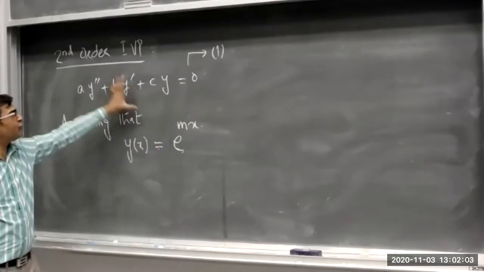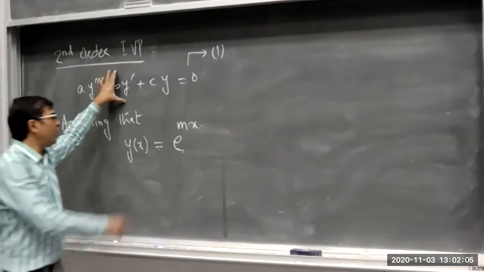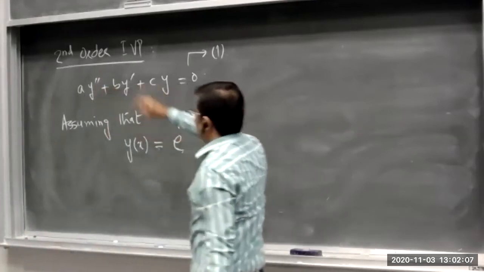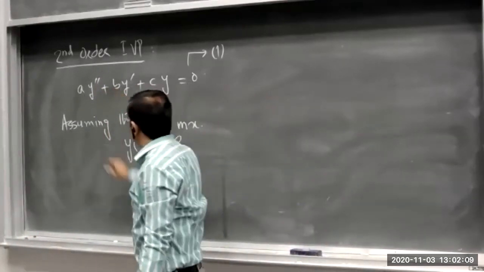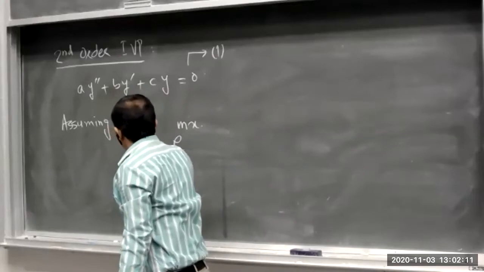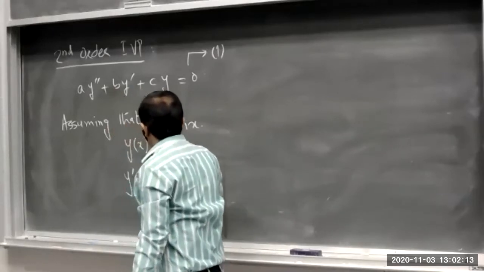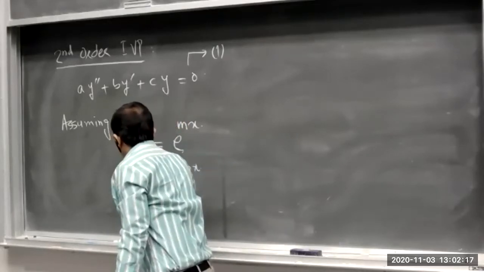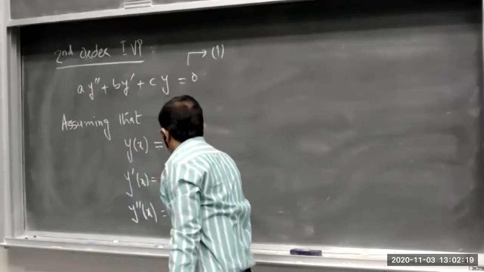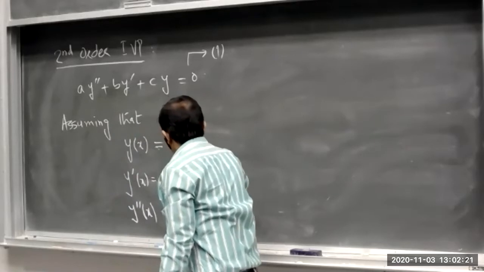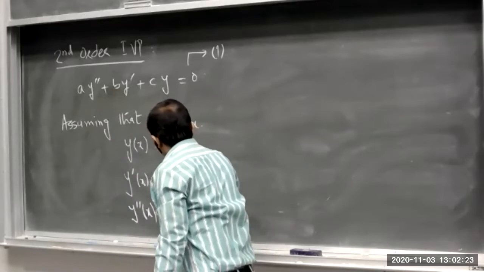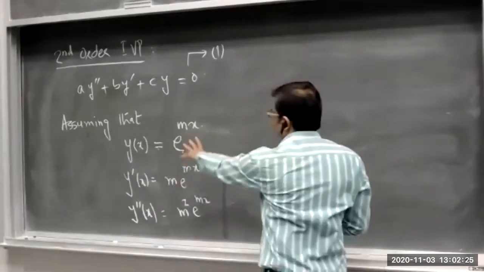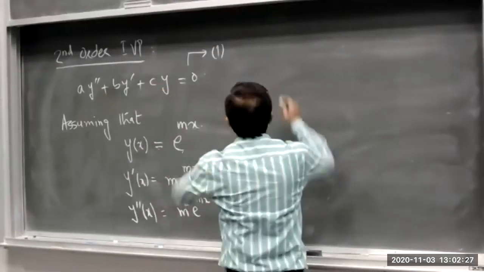If this is the solution of this differential equation, we can insert this into this. अगर हम ये इसमें put करें, तो we need y dash. Y dash is what? M e raised power mx. Y double dash, ये क्या आ जाएगा? M square e raised power mx. Now, inserting the values y, y dash, and y double dash here, what do we get?